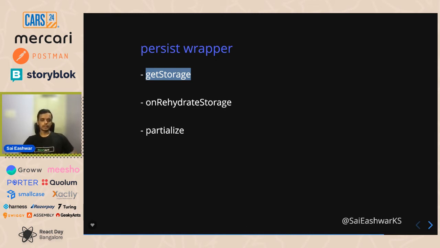This gets executed before the rehydration begins, and it can return another callback, which is executed when rehydration is completed. And then there's another option called partialize, where we can tell Zustand what parts of the state to actually persist.